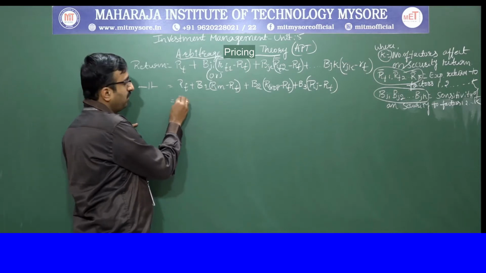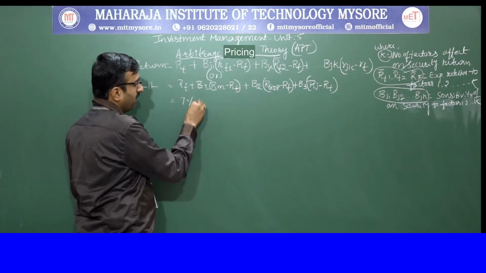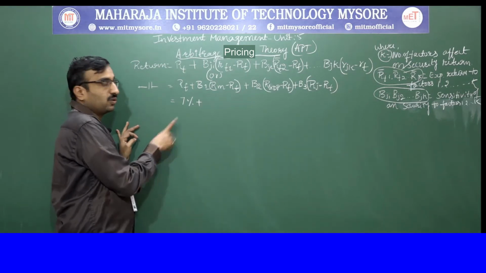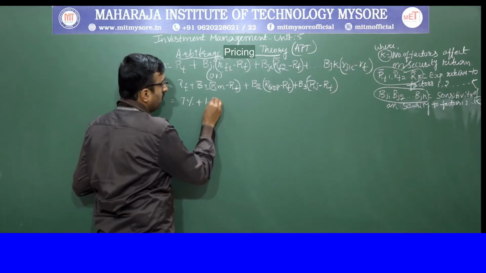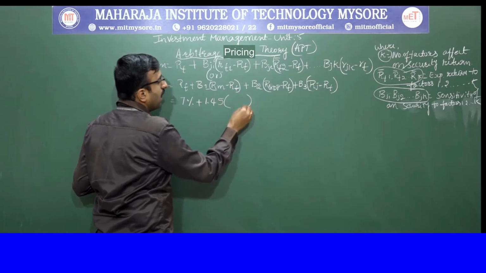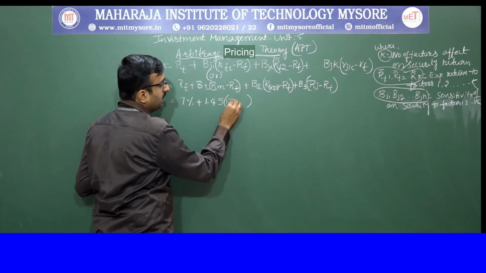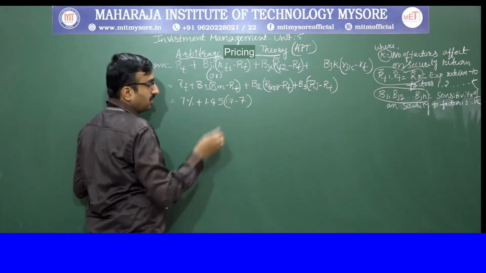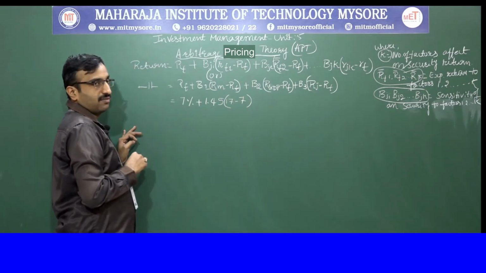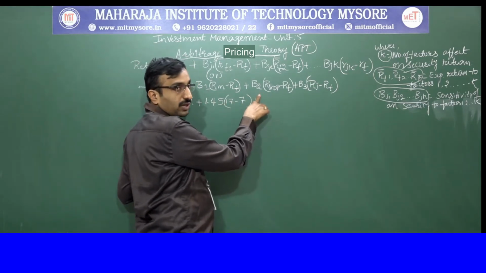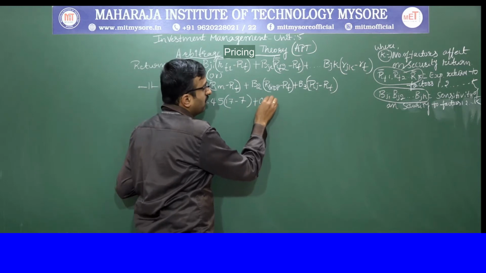RF is equal to how much here? We have 7%, and beta is 1.45. The market return mentioned in the problem is 17%, so 17 minus 7, RF being equal to 7. Then B2, that is beta 2, is how much?